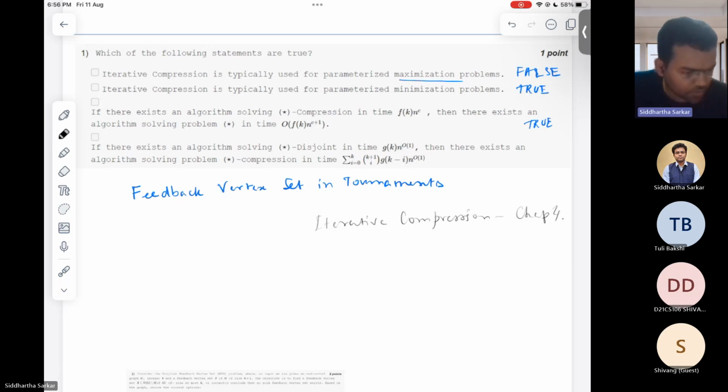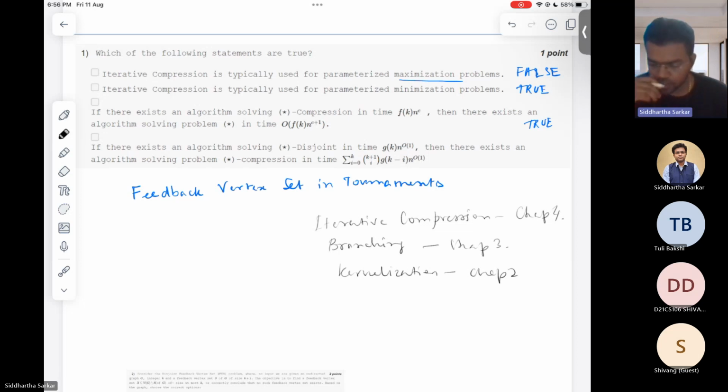So there is a one-to-one correspondence between the weeks and chapters so far. Last week we saw branching, which is chapter 3 of the book, and before that we saw kernelization, which is chapter 2. So I would encourage you to read the book along with watching the videos, then you will be able to solve the questions more easily.